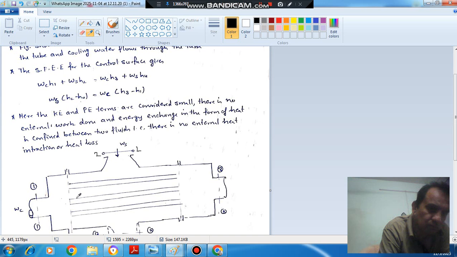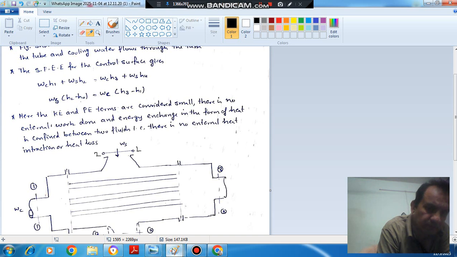Suppose steam and the cold fluid have the same velocity at inlet and outlet, so there is no change in kinetic energy. They are at the same level, so there is no change in potential energy, and external heat is not supplied.